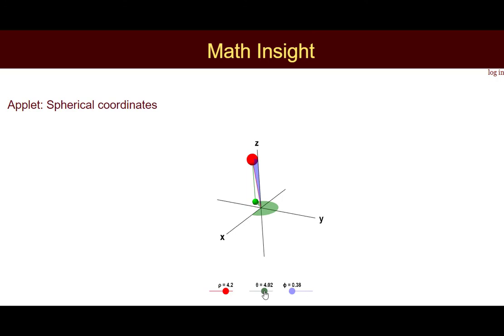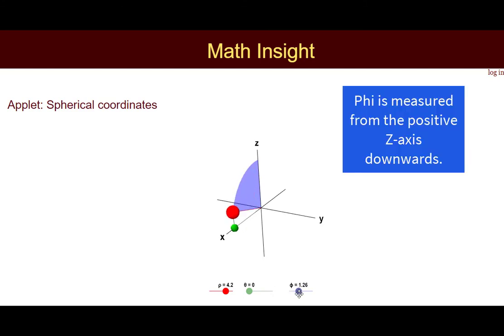And I hope you can see that phi is measuring from the z-axis downwards, and it's the positive z-axis downwards. All the way till you get to phi is pi, or 180 degrees, and you'll never go more than 180 degrees.